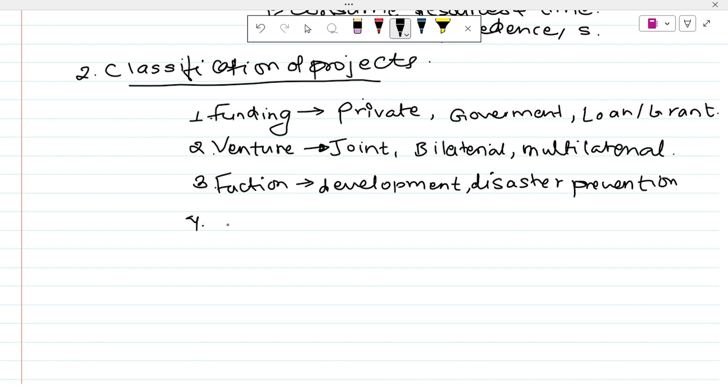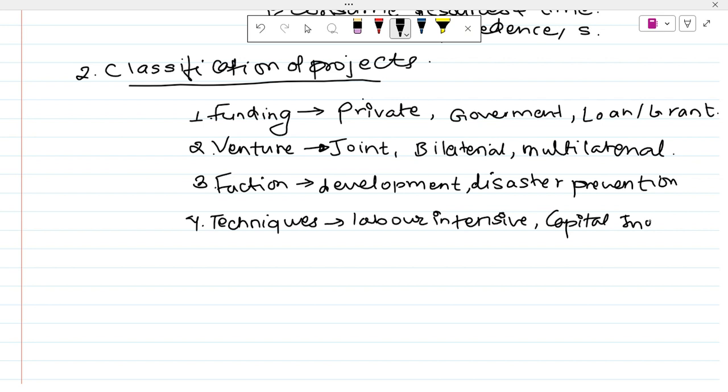Based on the techniques used for the project, there are labor intensive projects, which consume a lot of labor, or capital intensive projects, which consume a lot of capital.